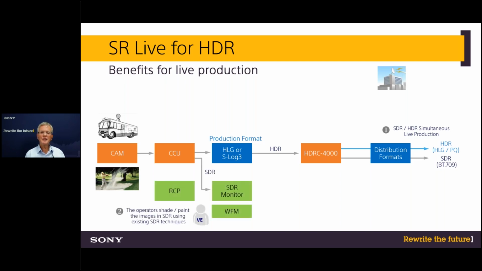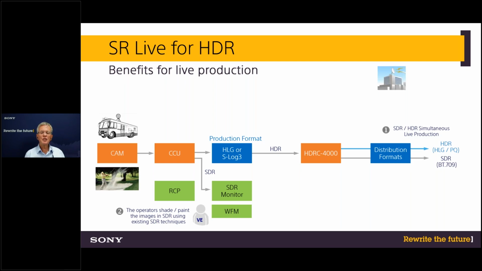A second benefit of the system is that the camera operators, the shaders, can work in exactly the same way as they have been used to in the SDR high definition world. They've been working on it for 10 years or more.